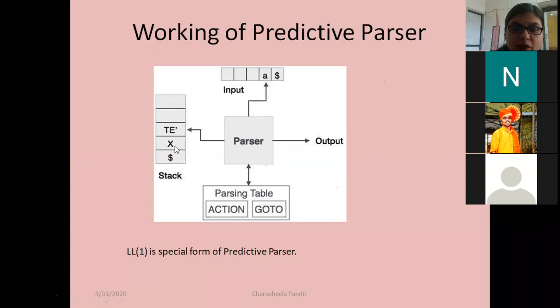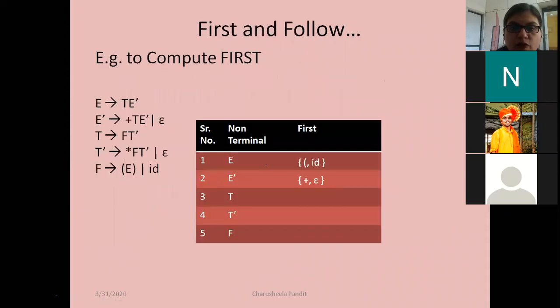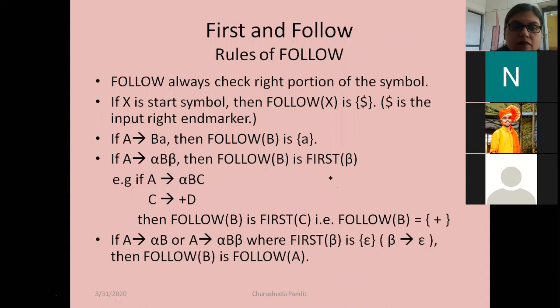So what is following the start symbol is the dollar, no? What is coming after X, or after this start symbol, is the dollar. And that is the reason in case of follow, if X is the start symbol, the follow of X is the dollar.